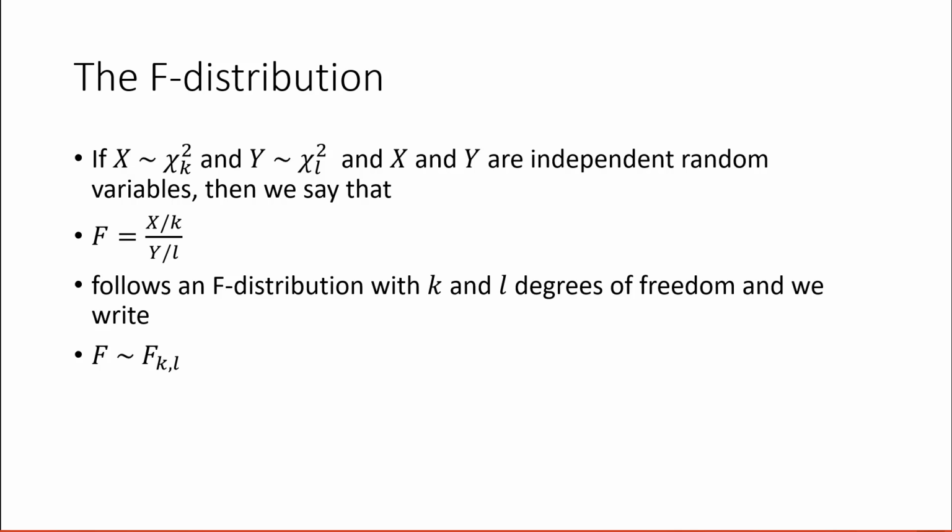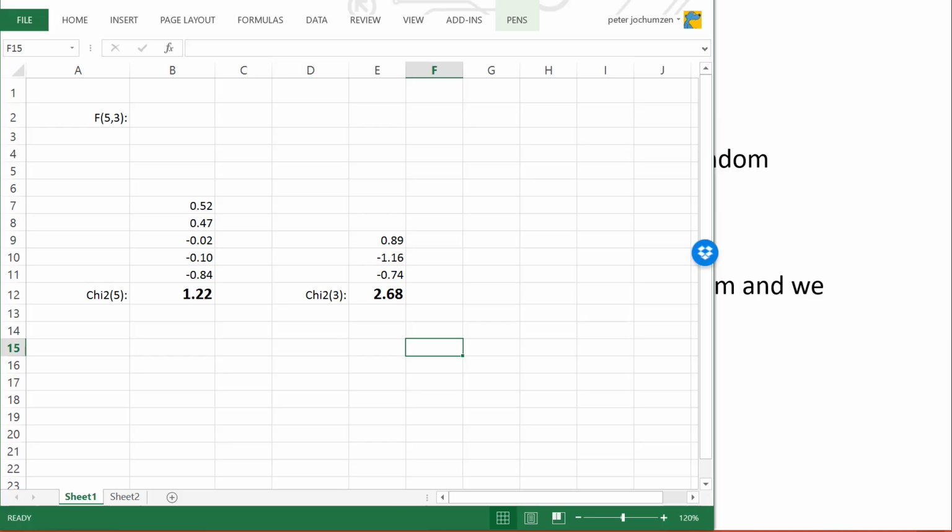So here's the idea behind the F distribution. I have here a standard normal. I have 5 of them. They're independent. I have here the sum of squares of these 5 standard normals. So this number, 1.22, is a drawing from the chi-square with 5 degrees of freedom. Standard normal, standard normal, standard normal, sum of squares of 3 of them.